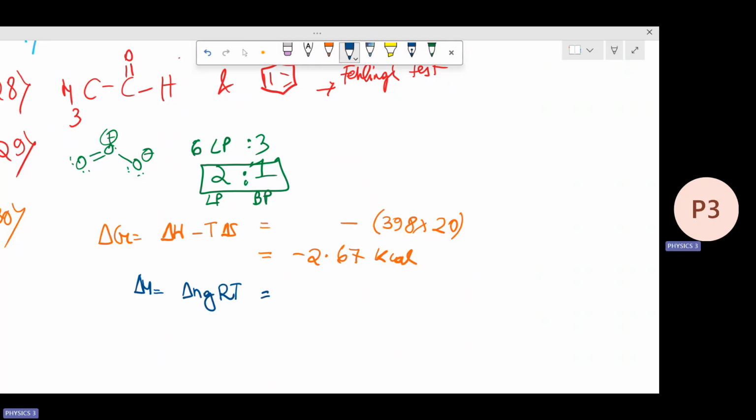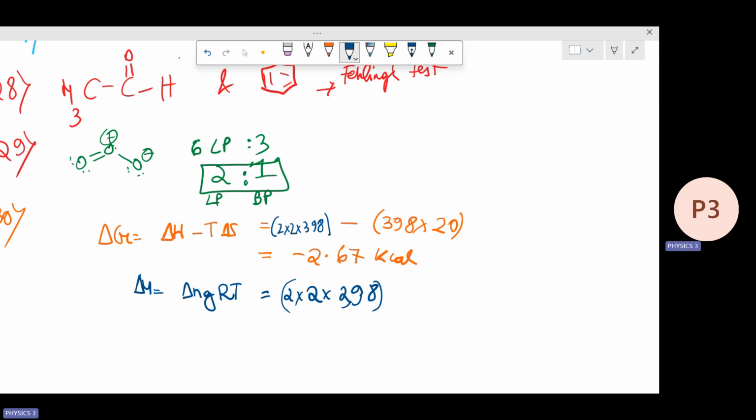The R value they have given is 2, T value is 298, and delta ng you have to calculate from the reaction. So it will be 2 into 2 into 298.